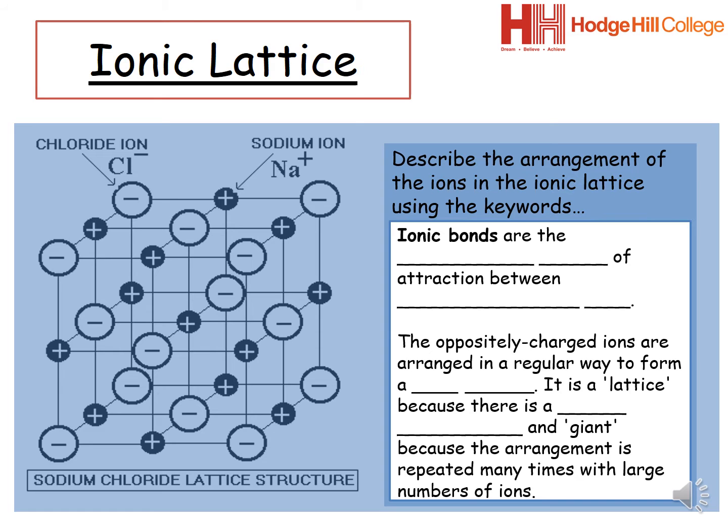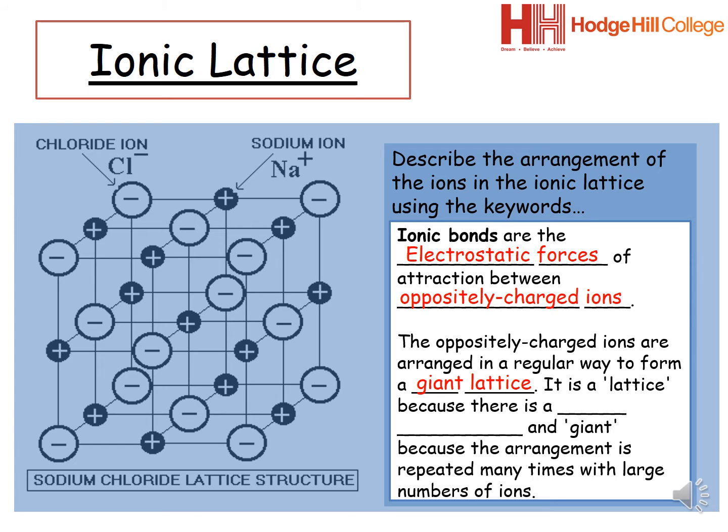Here goes. Ionic compounds contain ionic bonds. Ionic bonds are the electrostatic forces of attraction between oppositely charged ions. The oppositely charged ions are arranged in a regular way to form a giant lattice.